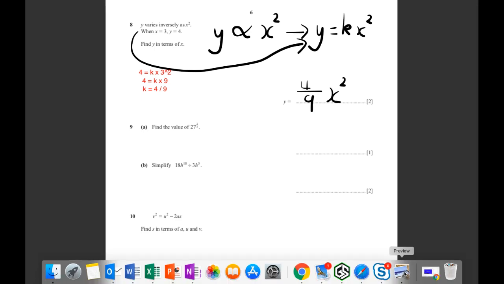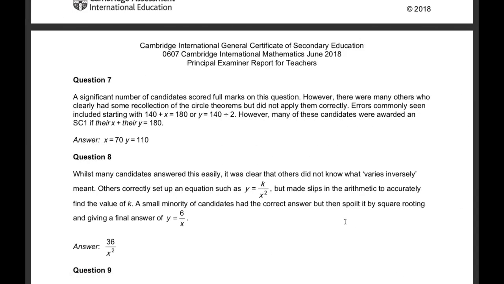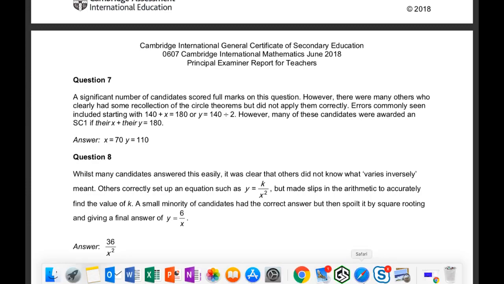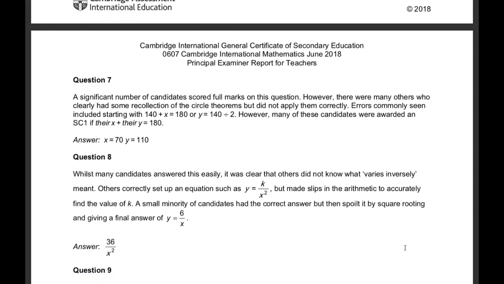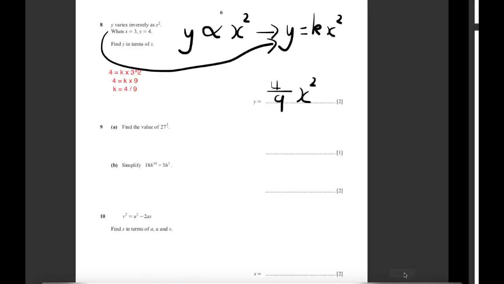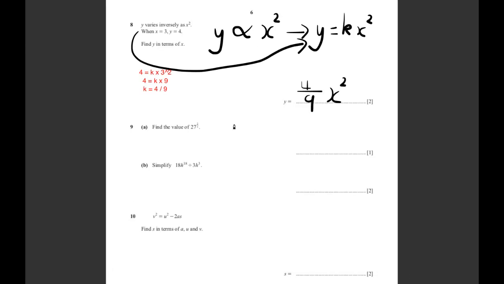Question 8 mark scheme, let's have a quick look. And I've made the classic mistake because I did not read the question and it says varies inversely. Did it actually say that? And it does. So what I've done here is I've done y varies, just y varies.